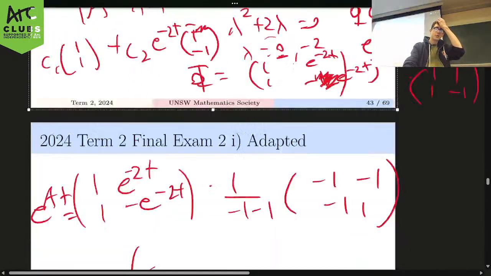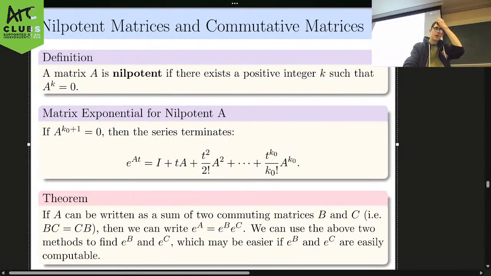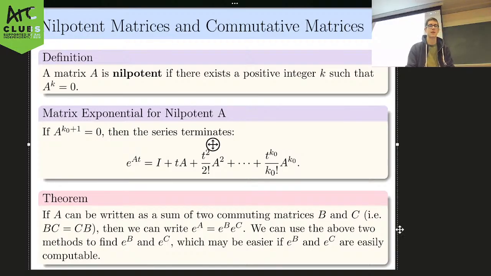All right, so some quick little theorems about commuting matrices and nilpotent matrices in regards to the exponential. First of all, by definition, a matrix is nilpotent if there exists an integer k such that A to the power of k is equal to the zero matrix, the zero matrix being zeros everywhere.